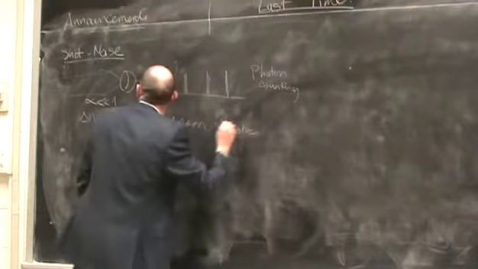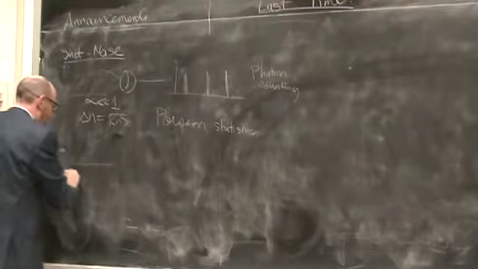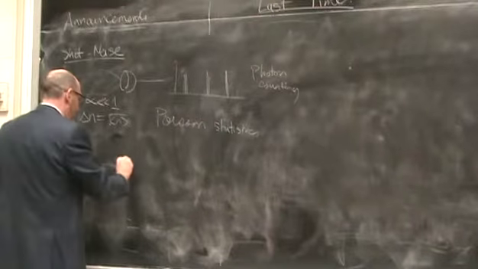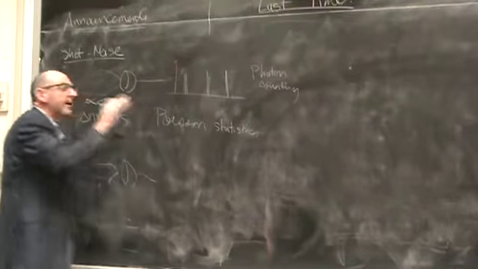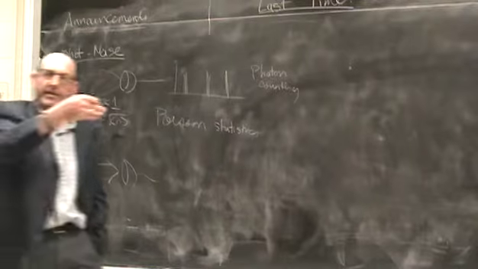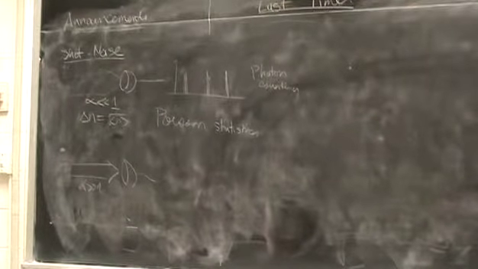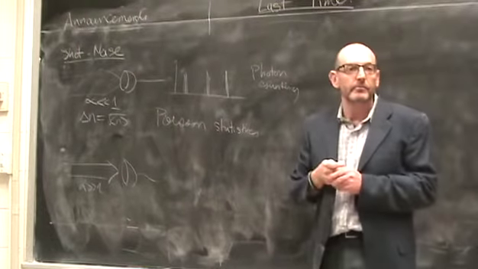On the other hand, if we have a situation where alpha is big compared to 1, so that we have many photoelectrons in some interval, instead of talking about discrete electrons, we talk about a photocurrent.